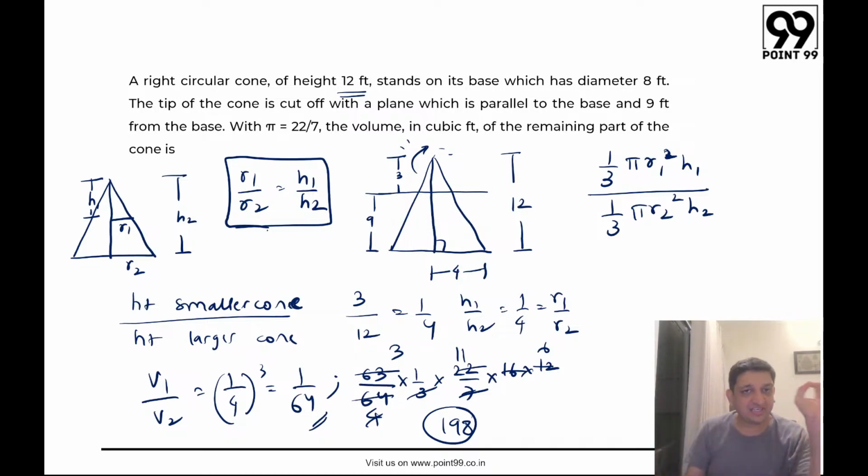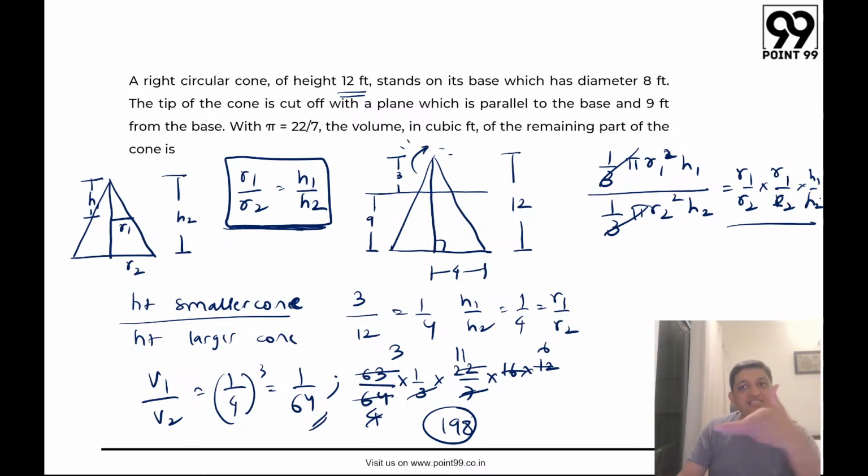But ये हमेशा याद रख लेना, always remember this fact that r1/r2 will be equal to h1/h2, which in turn will also impact the volumes, because volumes are nothing but comparison. So 1/3 pi तो निकल जाएगा. वॉल्यूम का रेशियो मतलब क्या हो गया? r1/r2 multiplied by r1/r2 multiplied by h1/h2, and I know that each of these is the same.